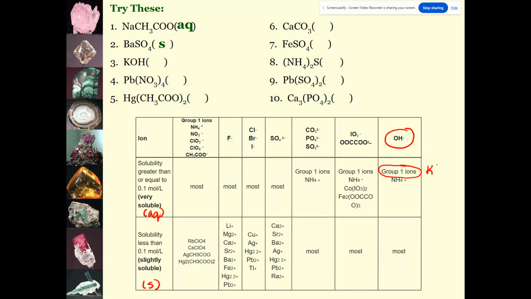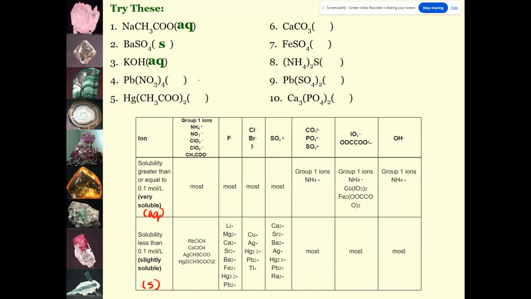And potassium is a group 1 ion, right? Check the first column on the periodic table. Potassium is in there. So that means, again, if it's in the middle, it's aqueous. So potassium hydroxide is aqueous. Hopefully now you're getting a feel again for how to use this.